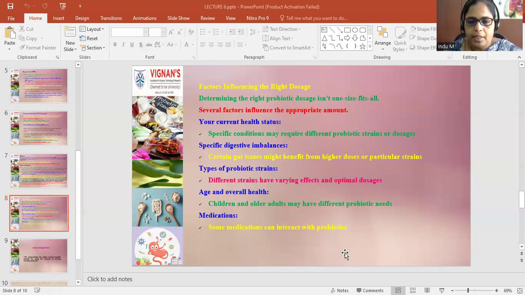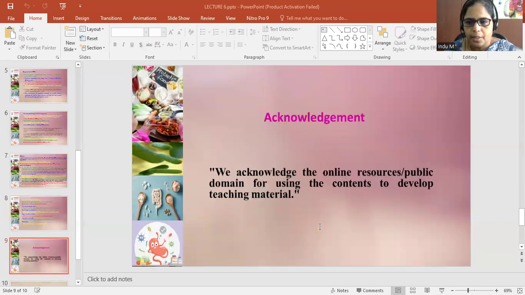Then the type of probiotic strains: different strains have varying effects and optimal dosages. Age and overall health: children and older adults may have different probiotic needs. And medication: some medications can interact with the probiotic. So your current health status, specific digestive imbalances, types of probiotic strains, age and overall health, and medications are all factors that influence your dosage recommendation.